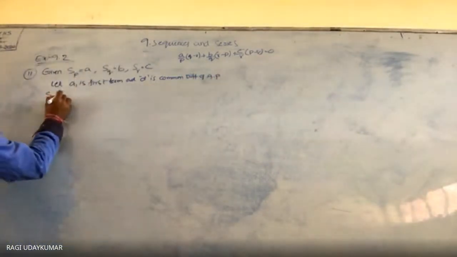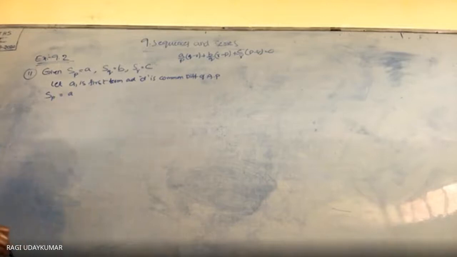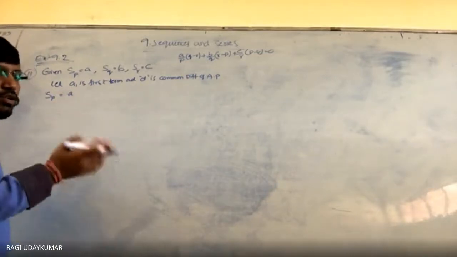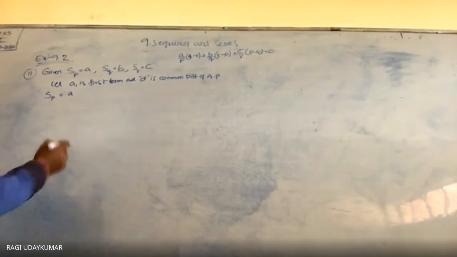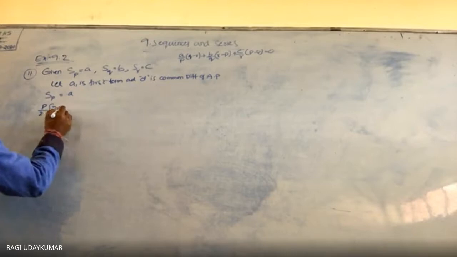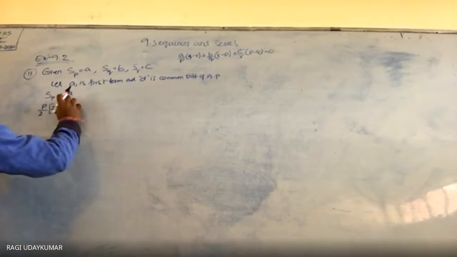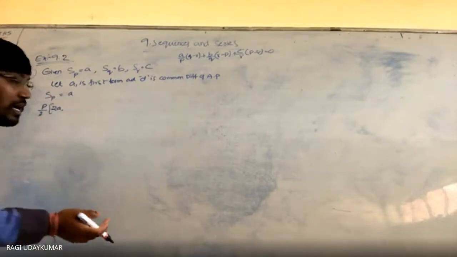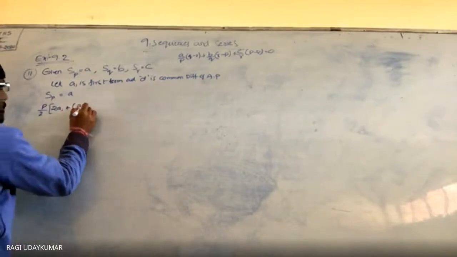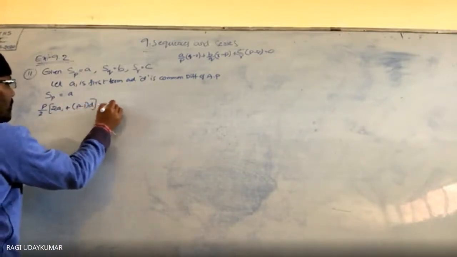So SP is equal to A. The sum of the first N terms is N by 2 of 2A plus N minus 1 into D. So here P by 2 of 2A1 plus P minus 1 into D is equal to A. I have taken A1 because A is already given to you as a variable, or you can take capital A, any other.